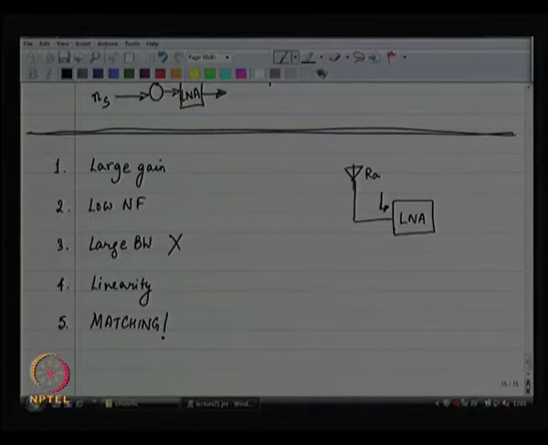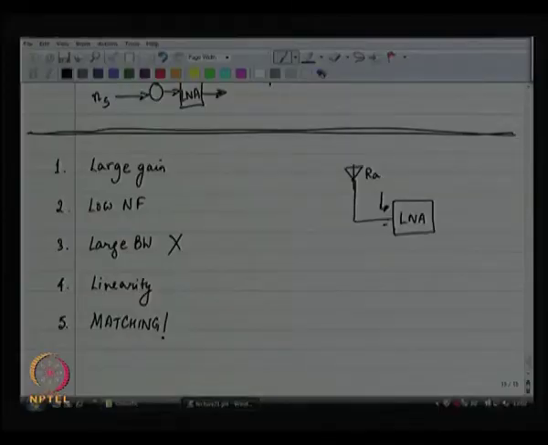Why? Two reasons. One is to conserve the shape of the signal and the second is to do maximum power transfer. Why would you want to do maximum power transfer? Because if you do maximum power transfer, then you are also going to get the maximum possible gain from your low noise amplifier.